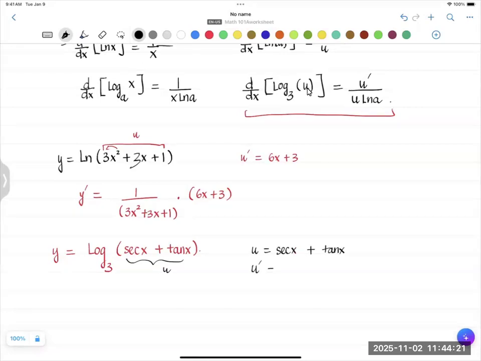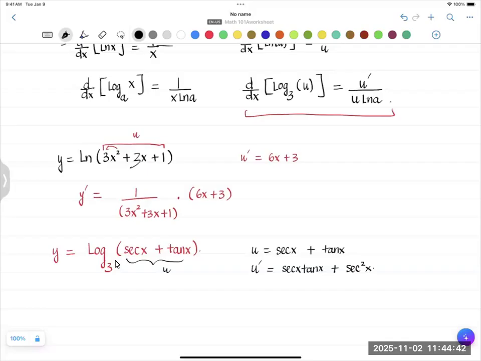And u prime will be what? The derivative of secant is secant tangent, if you still remember the rule, and the derivative of tangent is secant squared x. Based on the logarithm rule, we first apply the logarithm rule and then do the chain rule.